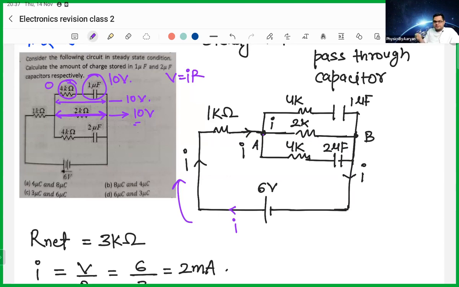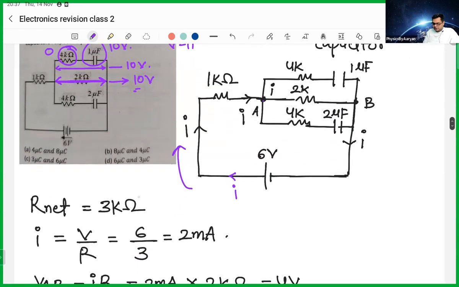So what is the total resistance in the circuit? First you have a 1 kilo ohm and then a 2 kilo ohm. These two are not playing any role because current is not passing through them. So this 1 kilo ohm and 2 kilo ohm are in series, because the current goes straight away and then comes back. So the total resistance in the circuit is 3 kilo ohm. And what is the total current?